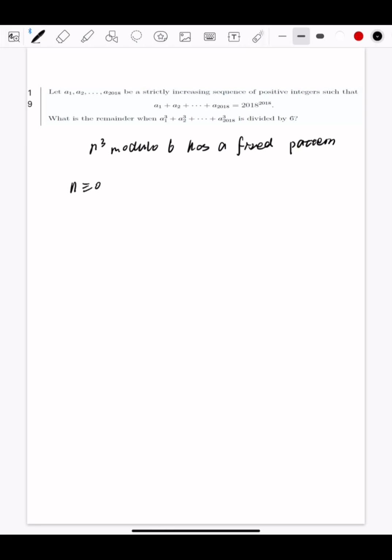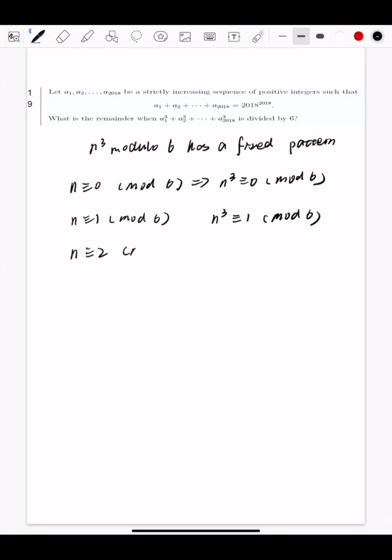When the number is 0, and for number 2, number 2 here is also 2.